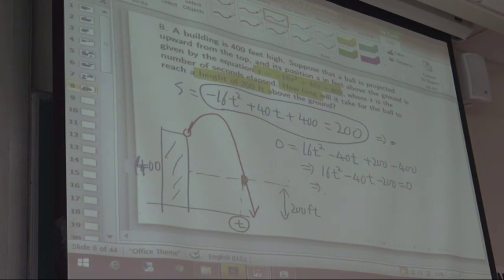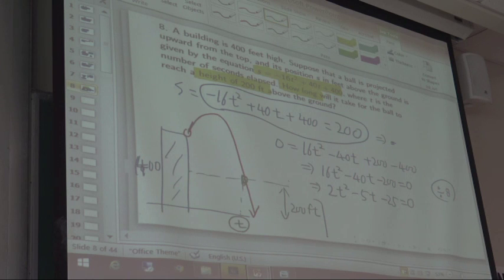And we can simplify this. We can divide it by 8, because all terms have 8 as a factor. So divided by 8, we have 2t squared minus 5t minus 25 is equal to 0.